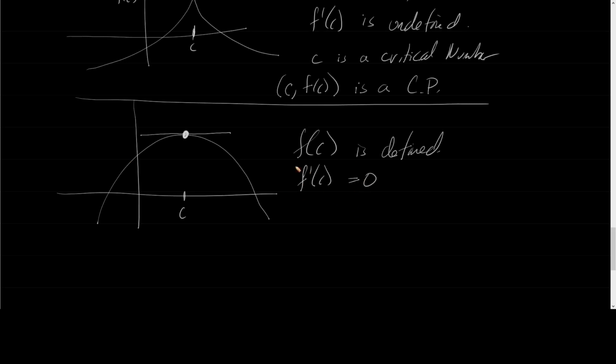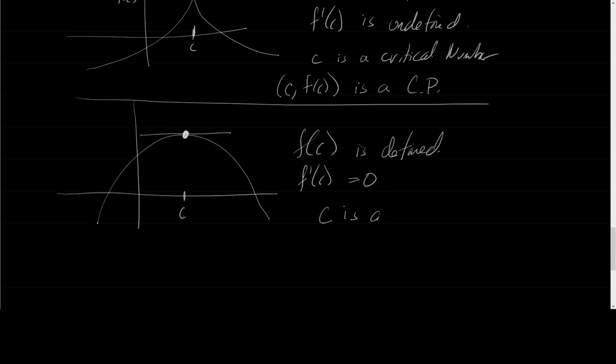How come? Remember that f prime represents the derivative, but in practice, we talk about it being the slope of the tangent line. So the slope of the tangent line at this point is 0, because it's a horizontal tangent line, and we know that the slope of a horizontal line is 0. So in here, this is also a critical number.